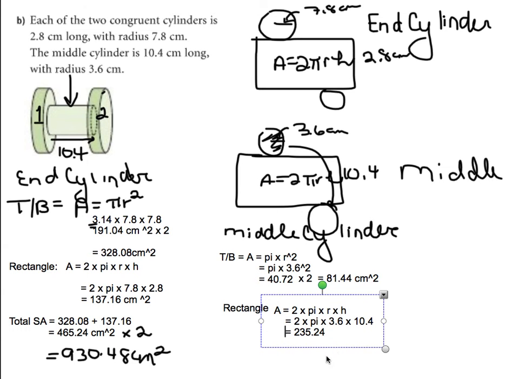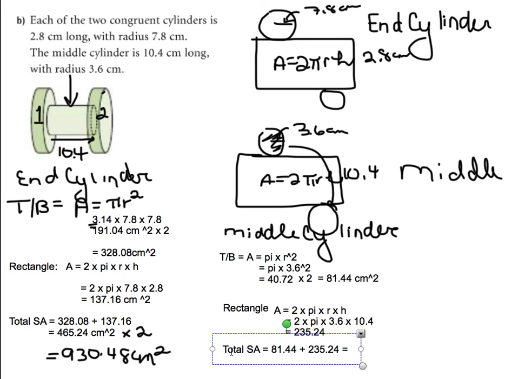Okay, so once again, we have to add these together, right? So total surface area of just my middle cylinder will equal 81.44 centimeters squared plus 235.24, which will equal, I get 316.68.